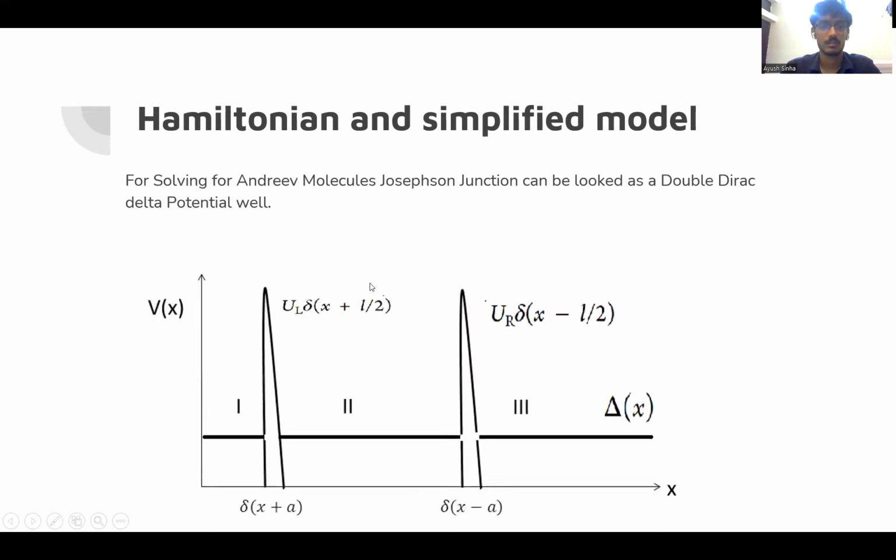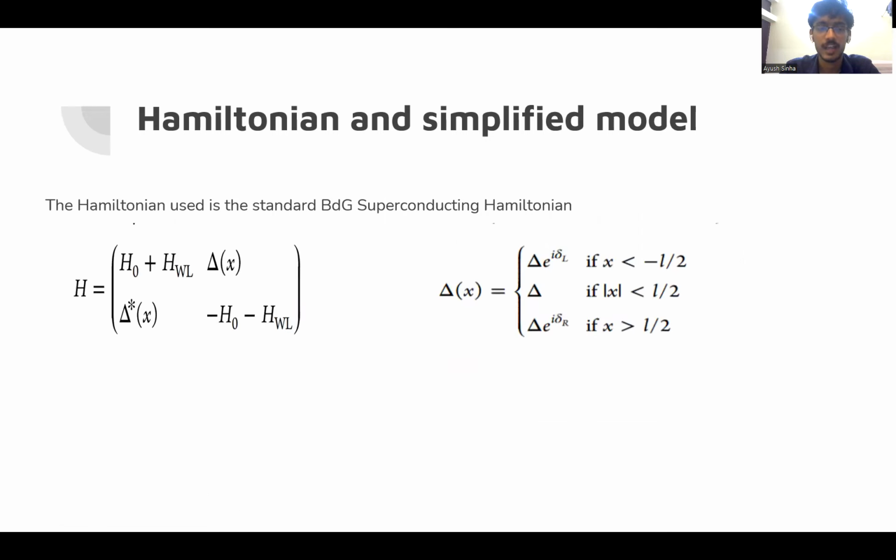So we are keeping the center as the bottom line for this phase. Our ultimate goal will be diagonalizing this Hamiltonian. This is the theoretical model for our setup. As you can see here, we have two Dirac delta potentials, which is HWL in this figure, and H naught is the free Hamiltonian, which is just the kinetic energy plus the background potential.